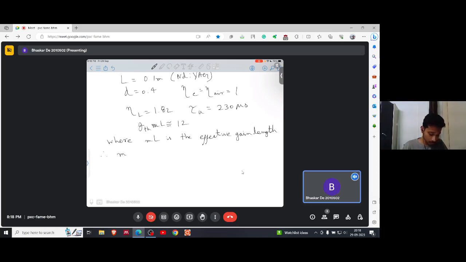So now M is equal to 12 by G_th L, that is 12 by 10 meter inverse times 0.1 m, that will be approximately 12.